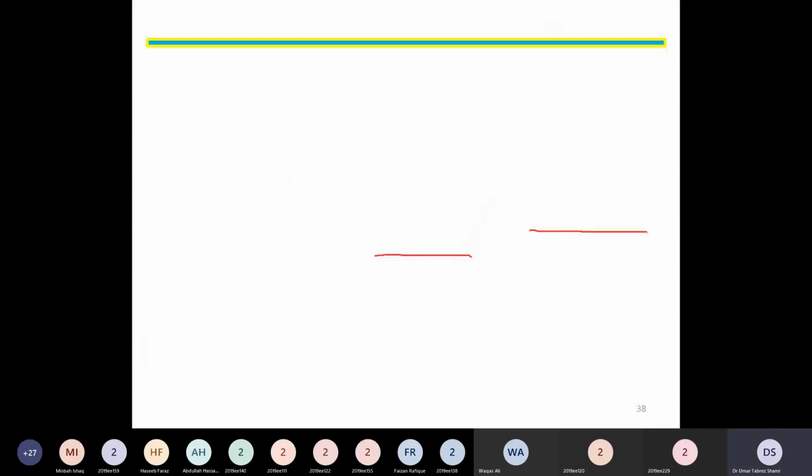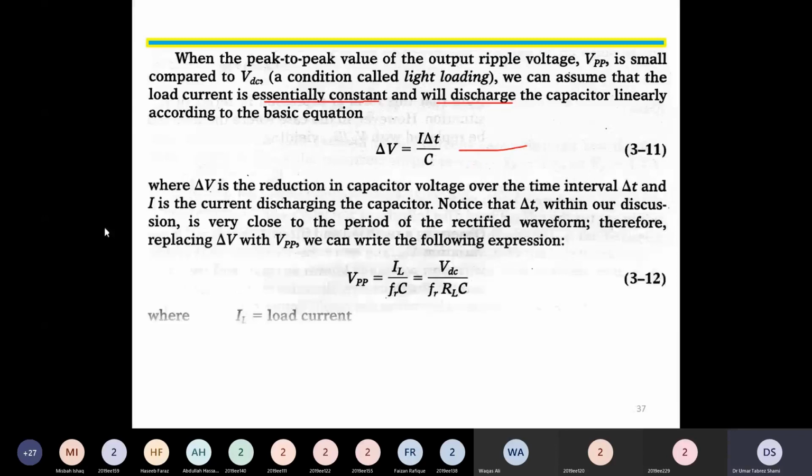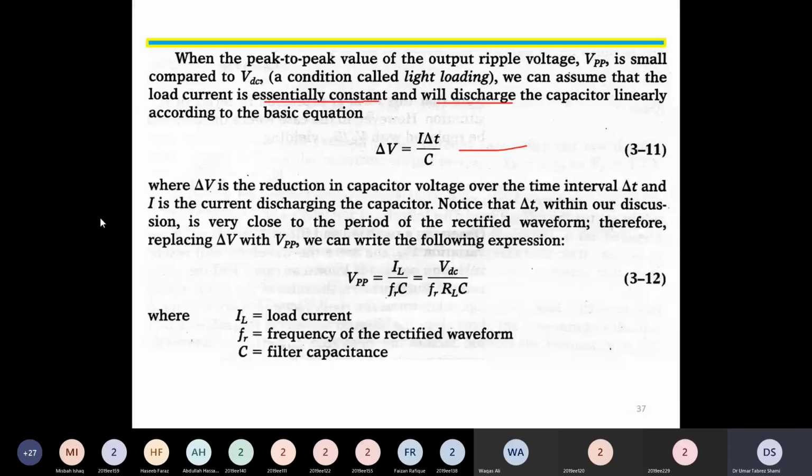Now, a little bit of formula. When the peak-to-peak value of the output ripple voltage VPP is small compared to VDC, a condition called light loading, we can assume that the load current is essentially constant and will discharge the capacitor linearly according to the basic equation: delta V is equal to I delta T over the capacitance.